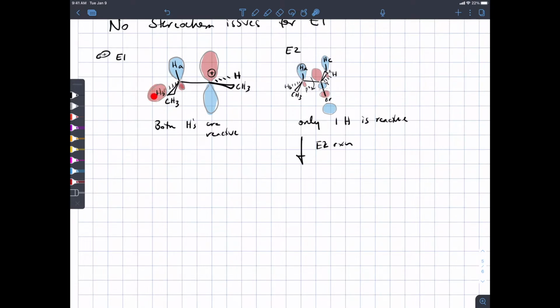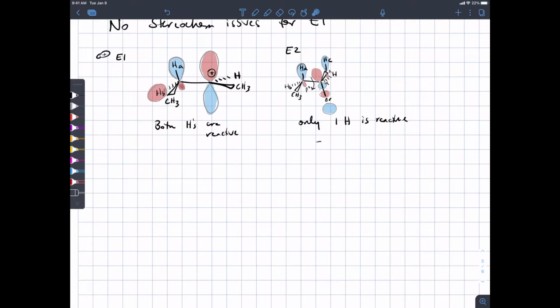If there was only one beta proton, I could still spin around this bond to line up this proton with the p orbital, and so there are no stereochemical issues. So yeah, in an E2 reaction, you have to worry about whether your beta proton is anti to the leaving group. For the E1 reaction, you don't. That's the punchline, and it has to do with the MO picture.